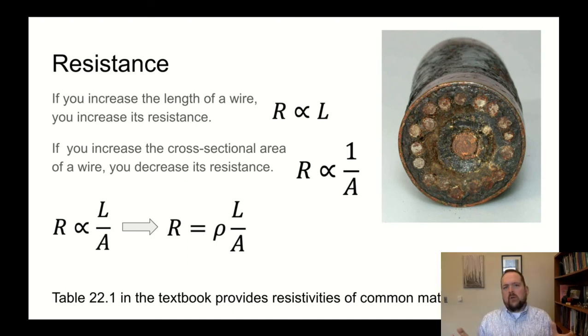It gives you different materials. As you might expect, things like silver and copper have pretty low resistivities, so they don't make good resistors. They're good conductors. Whereas things like plastic and glass and wood have relatively high resistivities, and therefore if you make materials out of them, they produce large resistances to the flow of electric current.